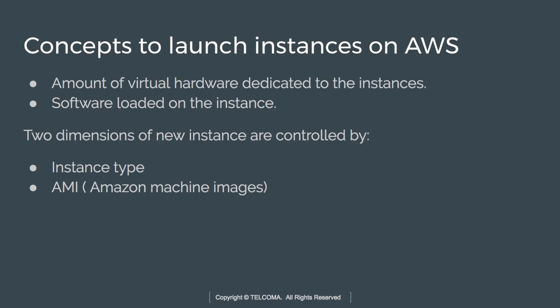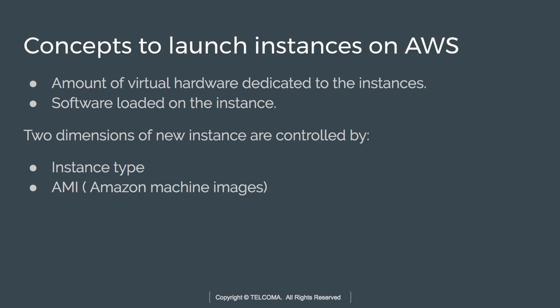Now, how can we choose the instance type? We can check the network performance, either low, moderate, or high. That means we need to specify our network performance. And the next factor is AMI. Amazon Machine Image basically defines the initial software that will be on an instance when it is launched.